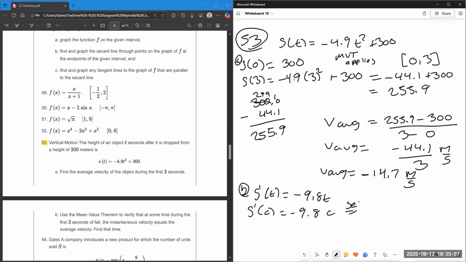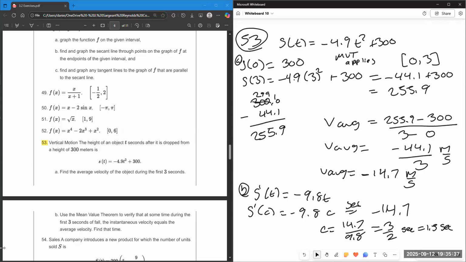I'm going to set that equal to negative 14.7. c is 14.7 divided by 9.8. Those negatives will get rid of each other. You stick that into your calculator, you're going to get 3/2 of a second, or 1.5 seconds, however you're asked to format your answer.